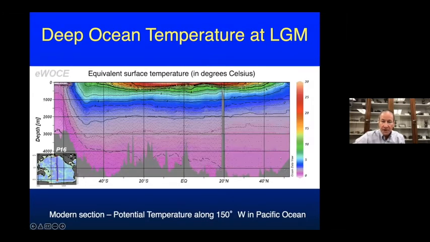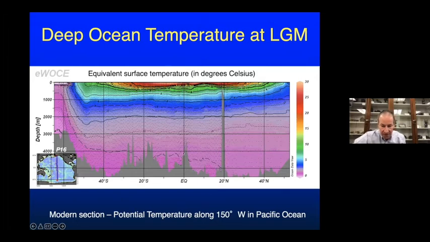But we can also think about the deep ocean. Here's an image looking right down the Pacific Ocean from Alaska toward near Antarctica. And Alaska would be over here to your right. Antarctica is over here to your left. And this is the temperature of the ocean right up and down the Pacific.